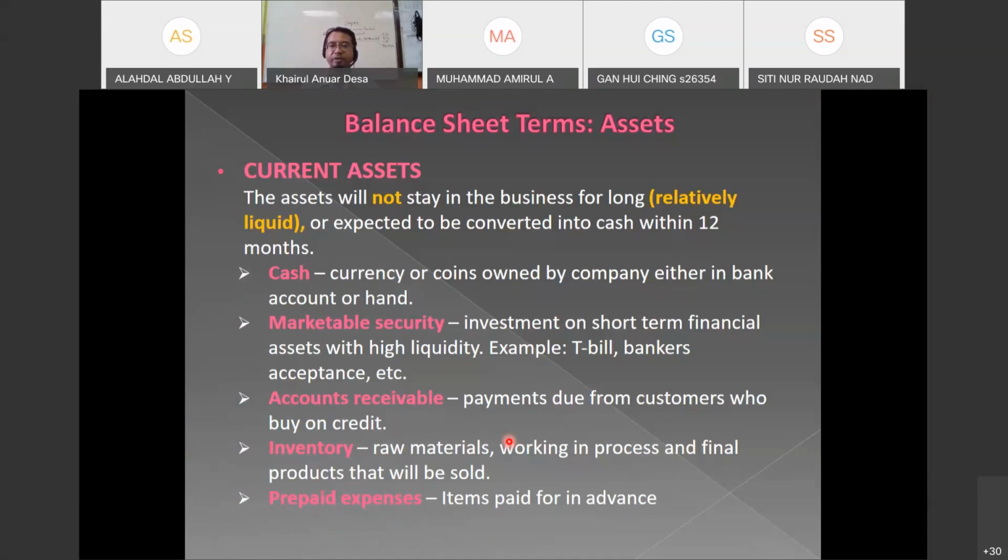There are two types of transaction. Now we discuss about the transaction. There are two types of transaction in the business. Number one, we sell in cash. Okay, satu kita jual secara tunai. Number two, we sell in credit. Kita jual secara hutang.